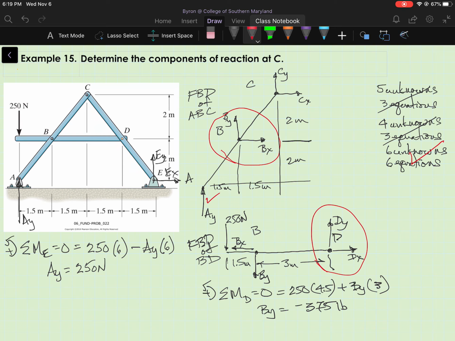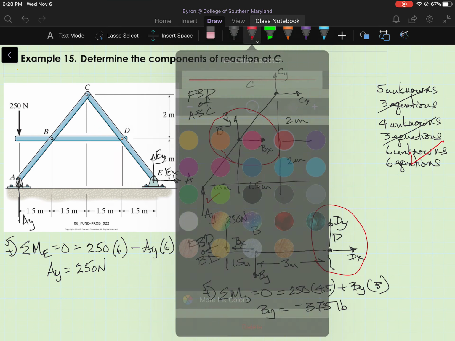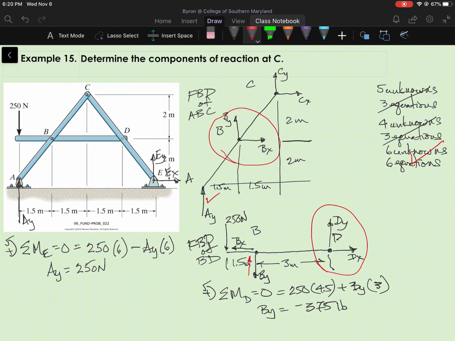So on the second free body diagram, B sub y actually acts in the opposite direction of how I have it drawn, or it acts this way. And in the first free body diagram, it acts the opposite way of how I had it drawn. So it's actually acting that way. Okay.